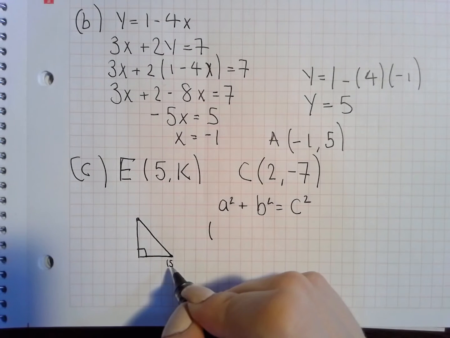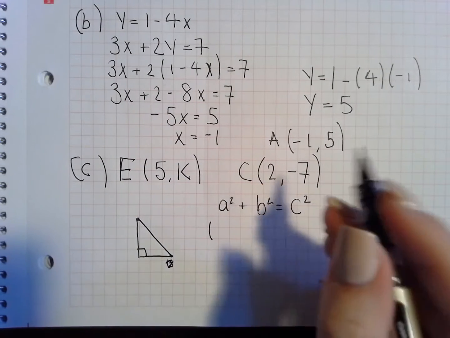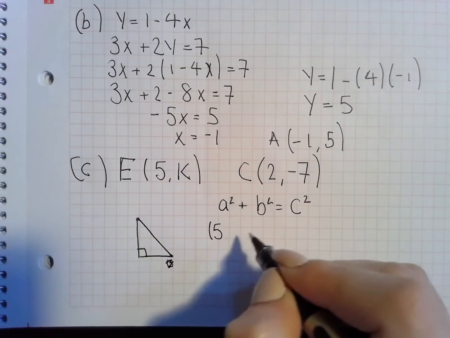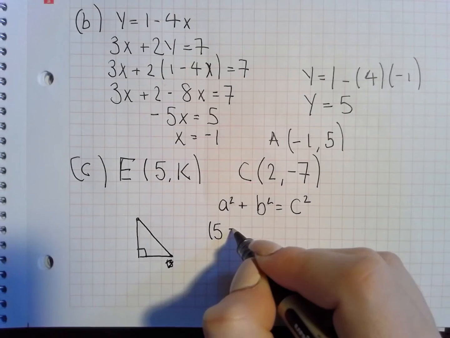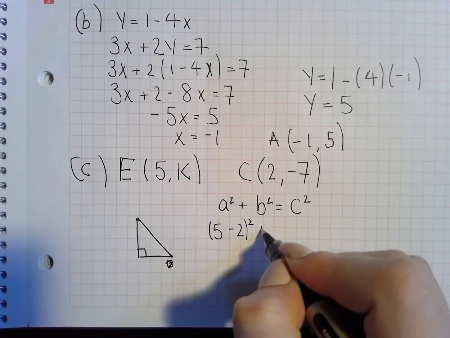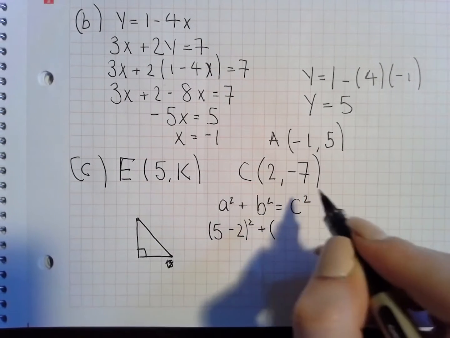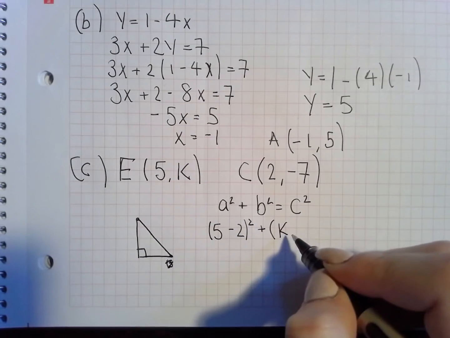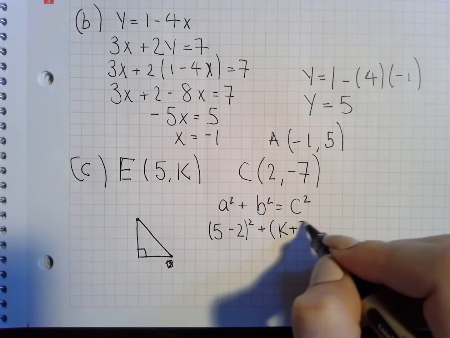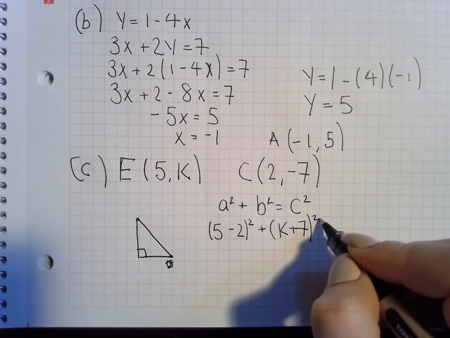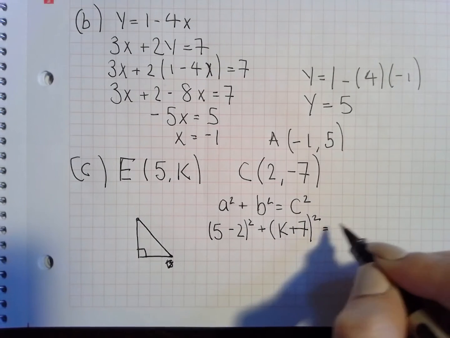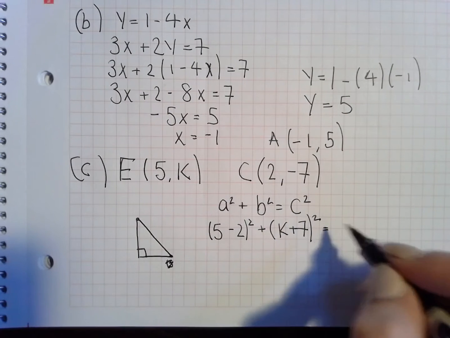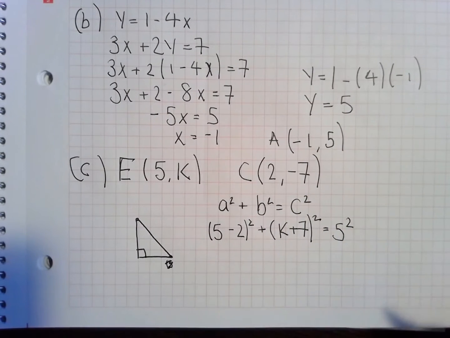The x coordinate of E is 5 and the x coordinate of C is 2. So 5 minus 2 squared plus, and then the b can be the y coordinate, so K minus minus 7, which is plus 7, squared equals our length, which we know is 5, so 5 squared.